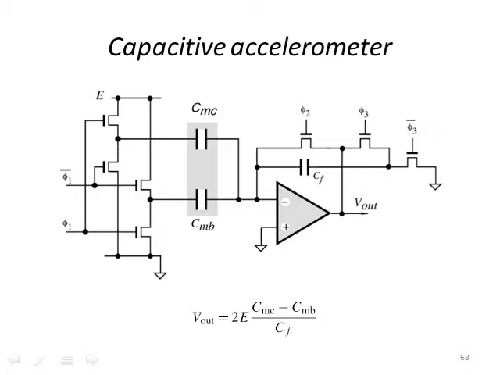And from the homework, you know that this CMC minus CMB is also a function of the displacements of the plates. So you should expect more of this type of analysis of these differential capacitive sensors, where we have to derive an output based on a change in capacitance.